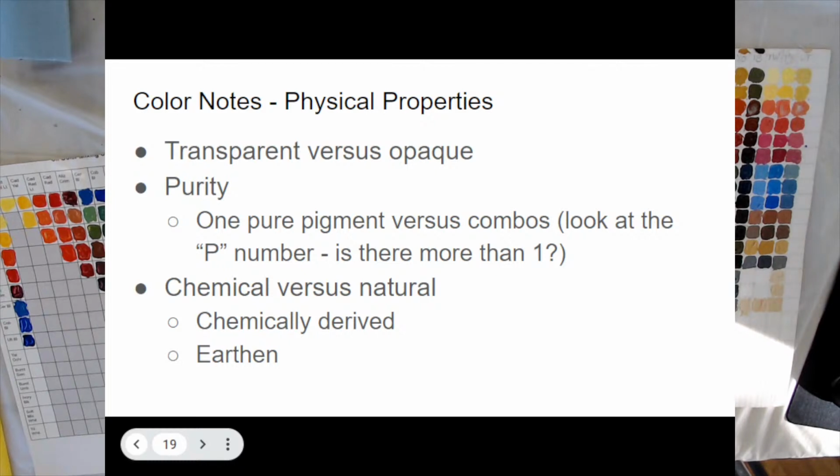I have got a lizard crimson. It says PR101, PR176, BK11. Okay. So you have more than one?